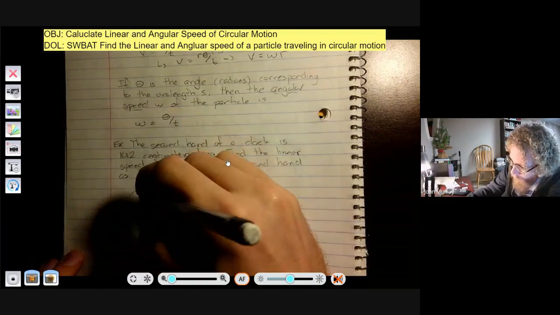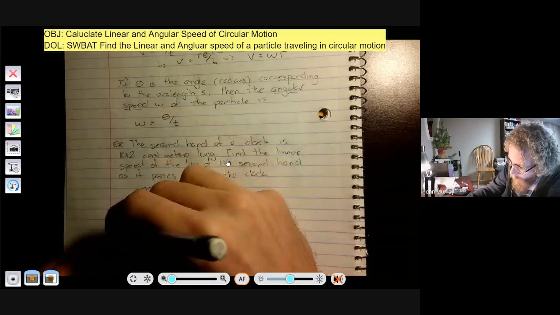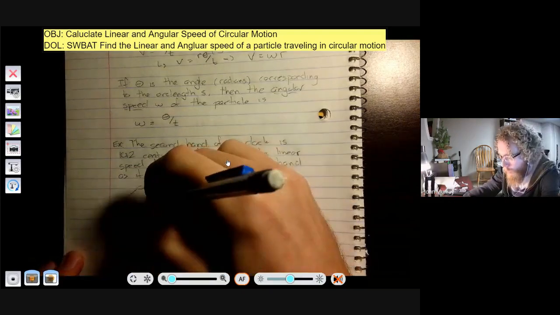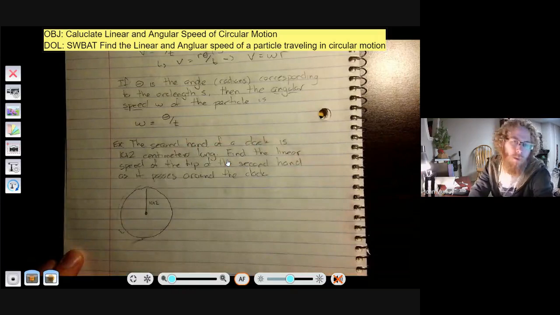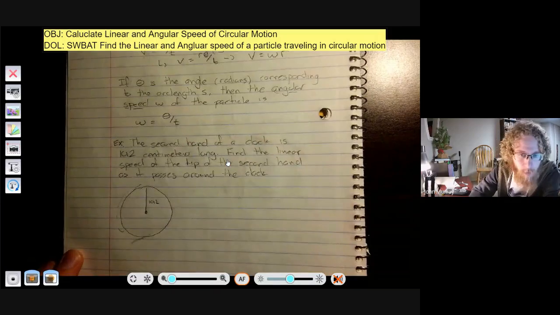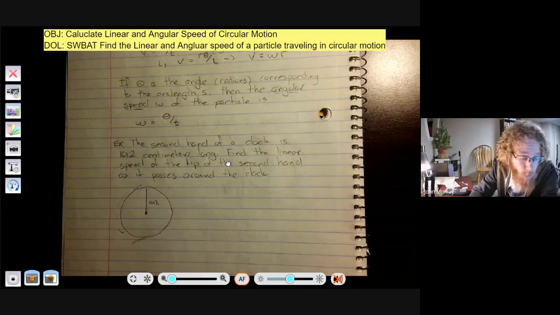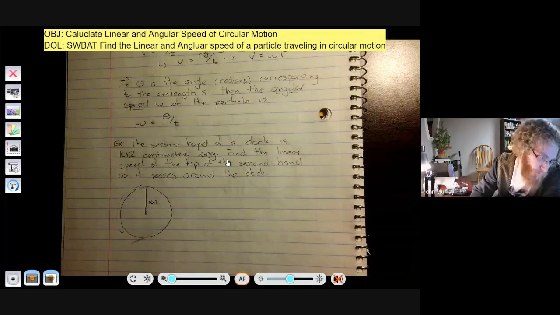What's nice about this example is we already kind of know the angular speed. Most clocks are pretty accurate. The second hand makes one full rotation every 60 seconds.